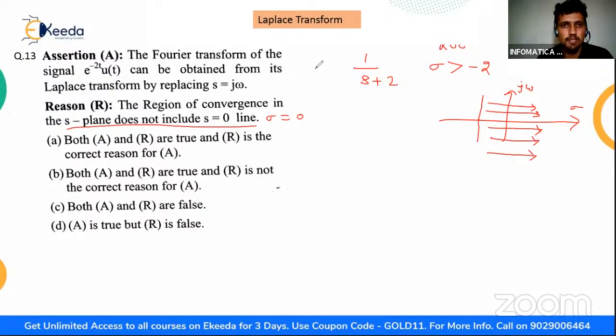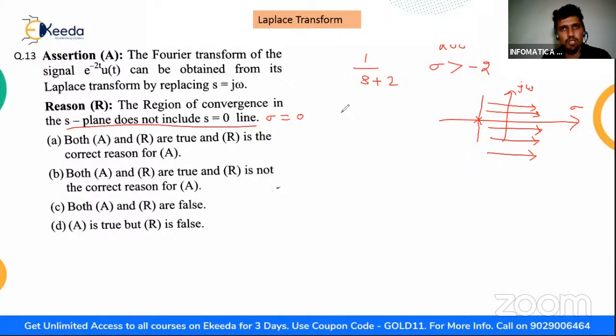This is because right-sided signals have an ROC to the right of the rightmost pole, and the pole is located at s equals -2. So the ROC will be to the right of the rightmost pole. So this is our ROC.